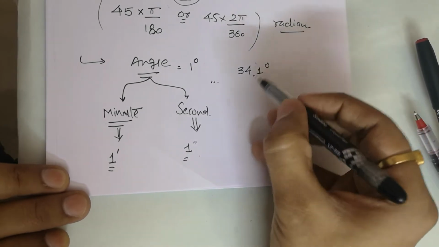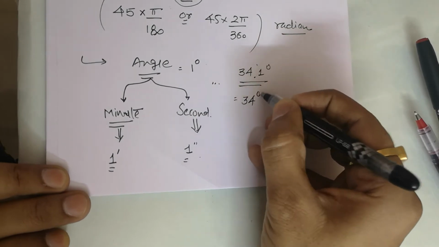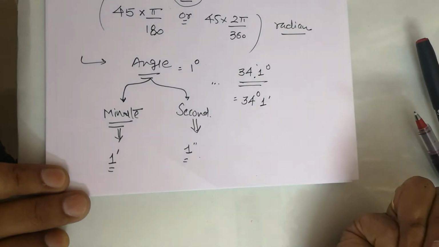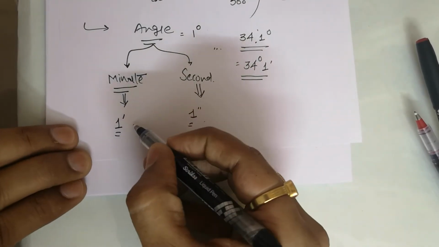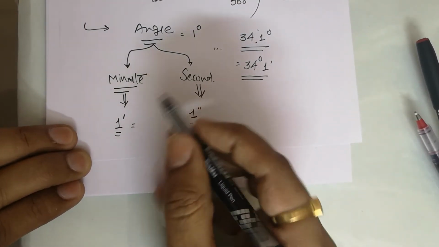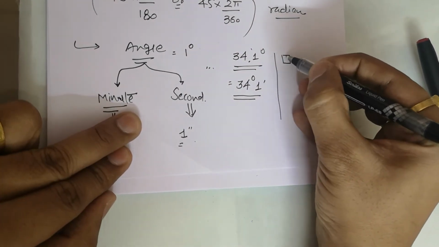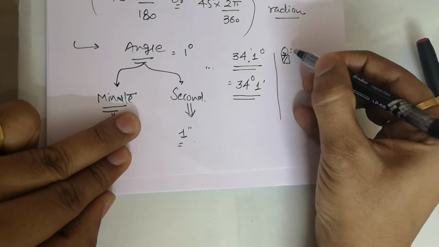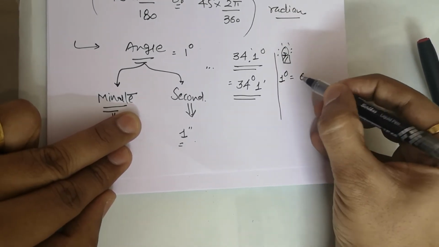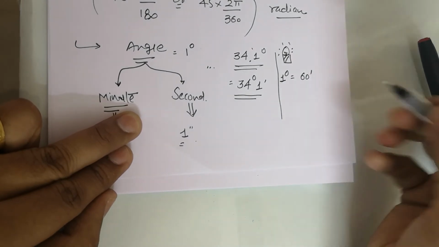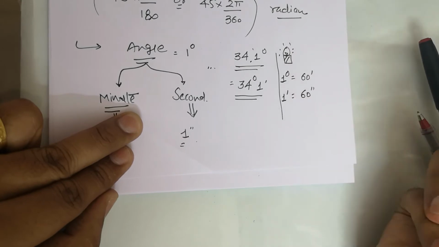Let's say I am mentioning 34 degrees 1 minute. This is nothing new. You are just showing 34 degrees and 1 minute. Every minute and every second, remember that. 1 degree equals 60 minutes. 1 minute equals 60 seconds.